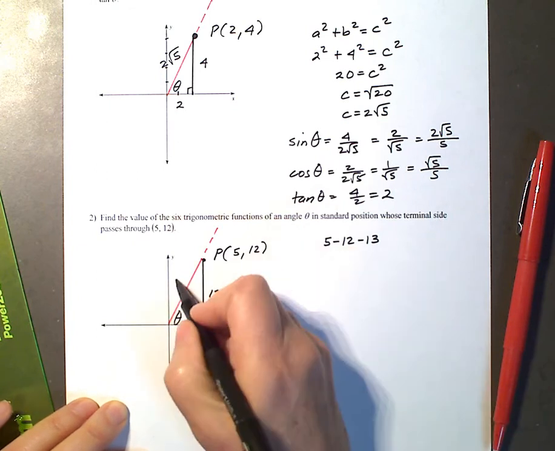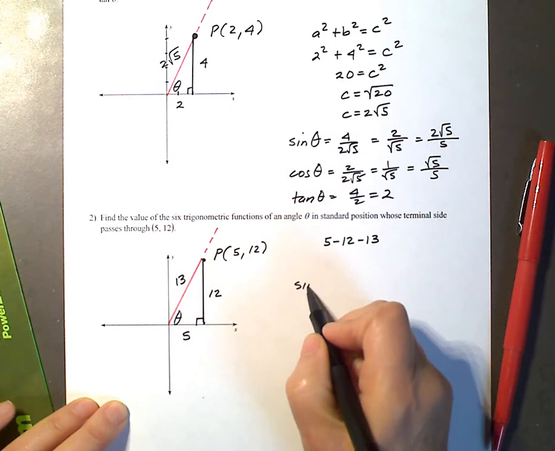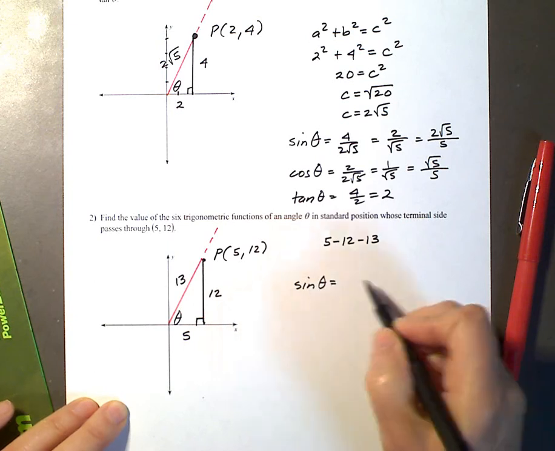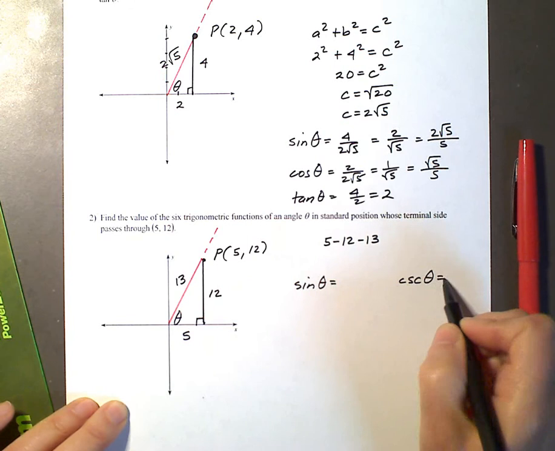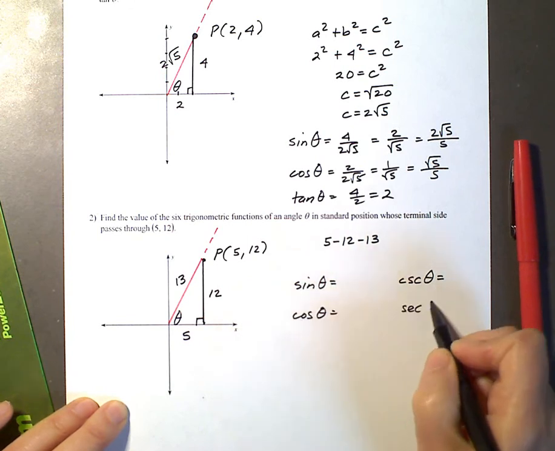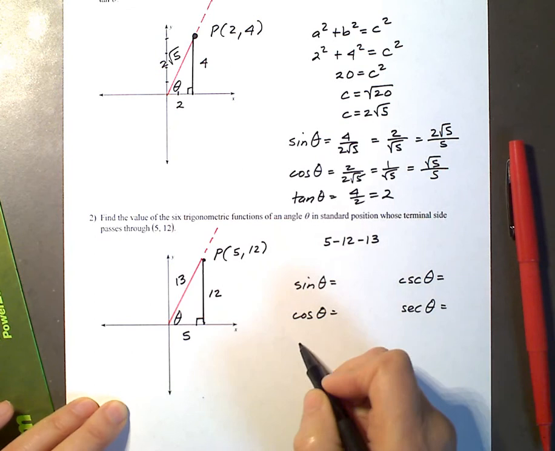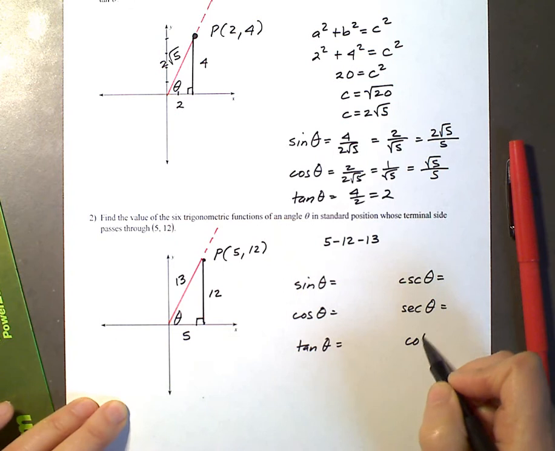So we know that this hypotenuse must be 13. So I'm going to list the sine of theta and its reciprocal, which is the cosecant of theta. And I'll find the cosine and its reciprocal, which is the secant. And I'll find the tangent of the angle and its reciprocal, which is the cotangent.